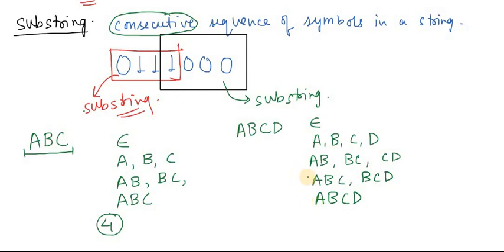So how many in total? 1 plus 4 is 5, 6, 7, 8, 9, 10, 11. If we are given a string of length 4, we can make 11 substrings. If we are given a string of length 3, we can make 4 substrings. Now the question arises: if we are given a string of length n, how many substrings can we make?